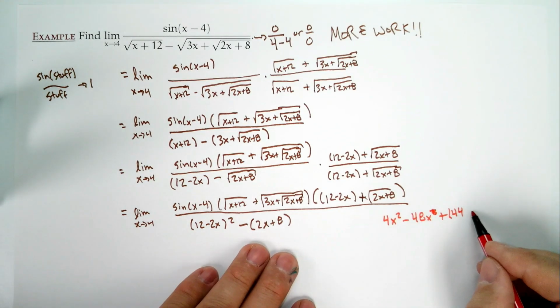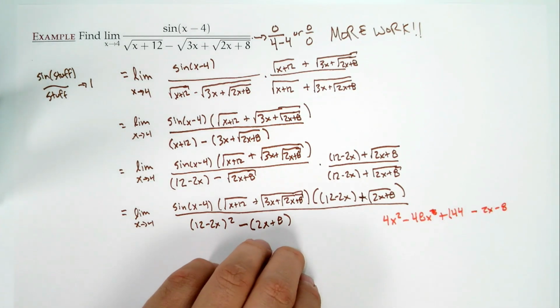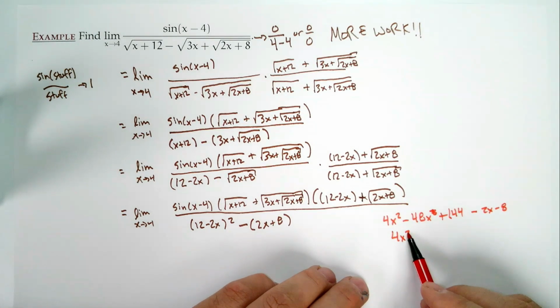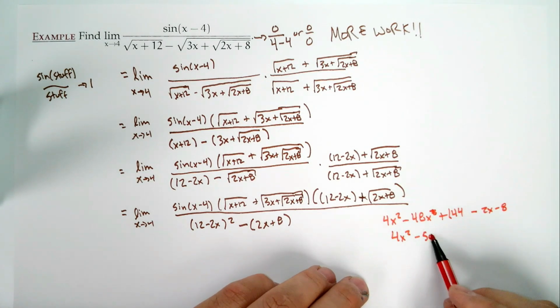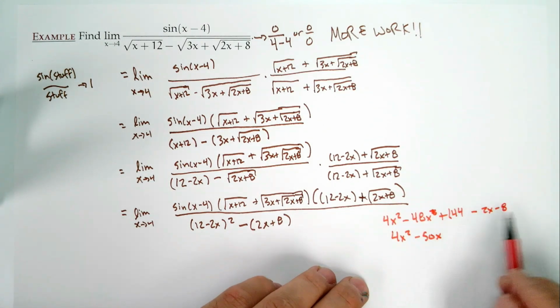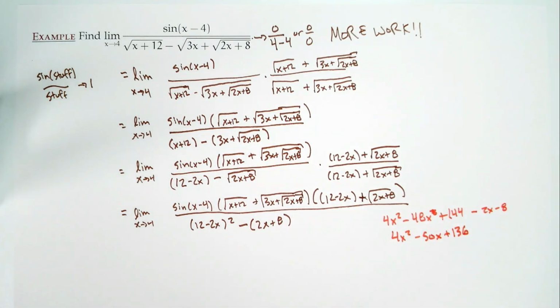And then we're going to subtract 2x and subtract 8. So we have 4x squared minus 50x, and then plus 144 minus 8 would be plus 136. All right, there you go.